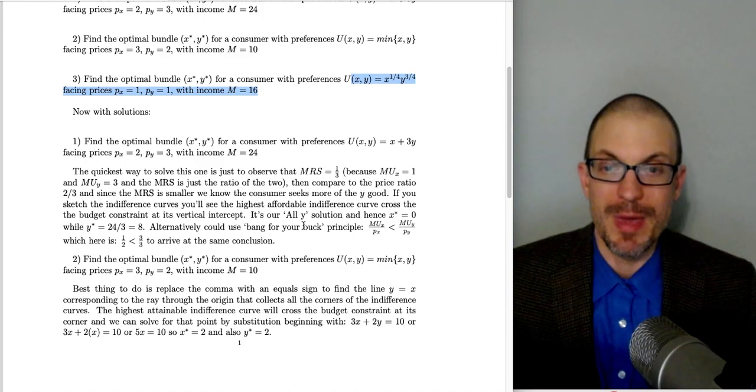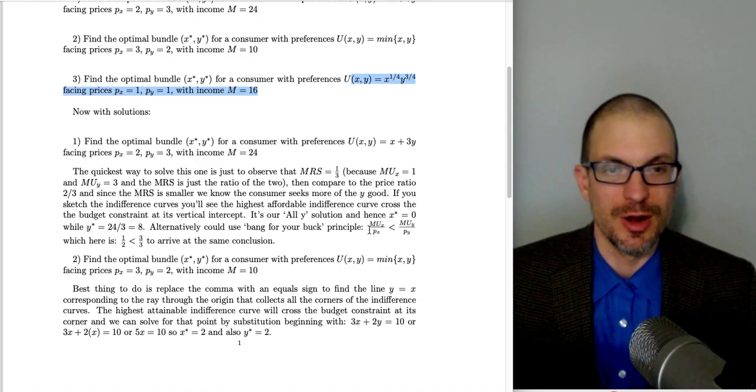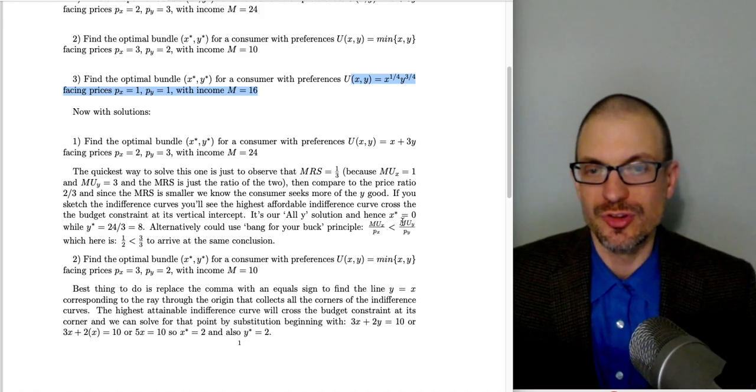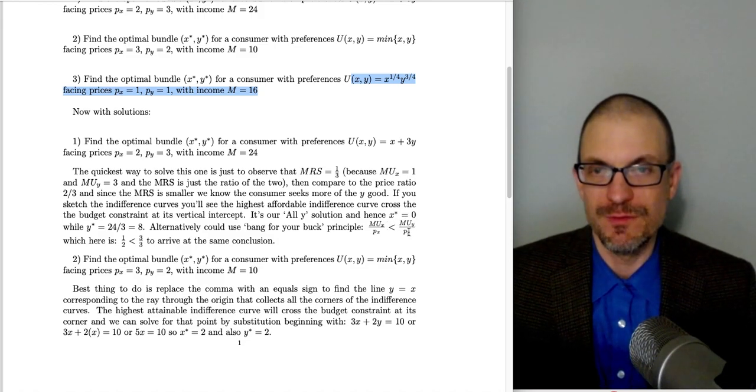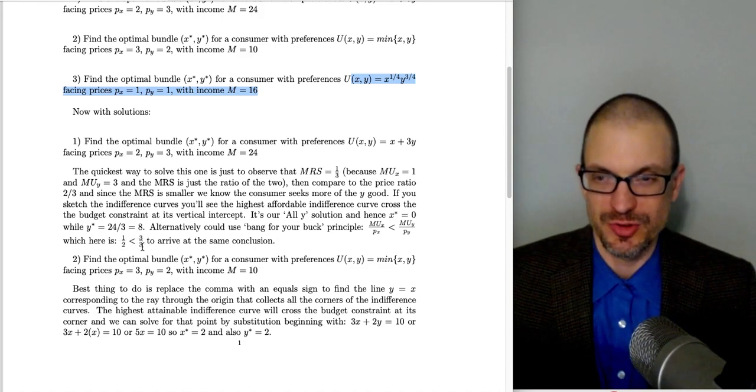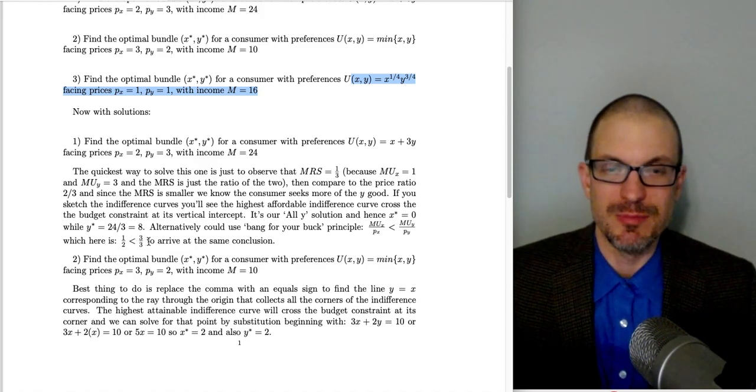Alternatively, we could use the bang for your buck principle. You could compare the ratio of the marginal utility of X to the price of X versus the marginal utility of Y to the price of Y. If you do that, the marginal utility of X was 1, marginal utility of Y was 3, price of X was 1, price of Y was 3, so it'll be 1 is greater than 1/2. We arrive at the same conclusion, right?